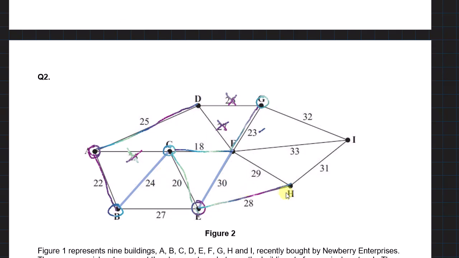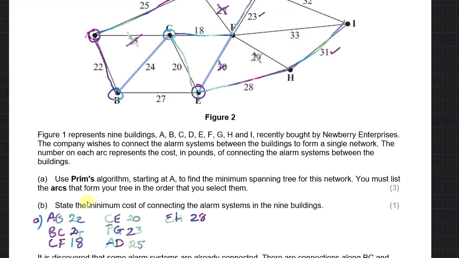Next one after that, 29, no good, because it's connecting to a connection. 30, reconnecting again, so we're not going to use that one. Next cheapest one is number 31, which connects to I. So it's HI for 31.